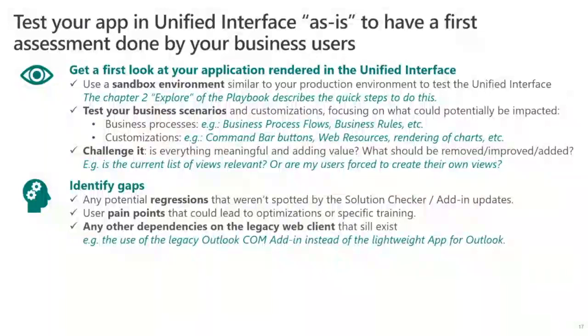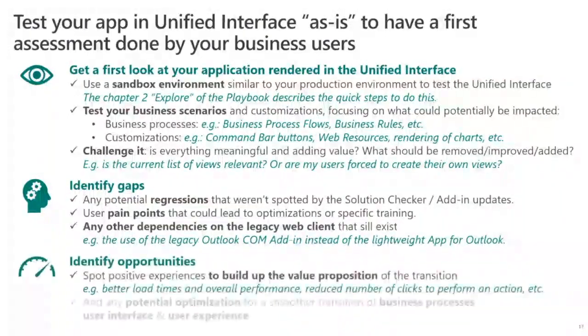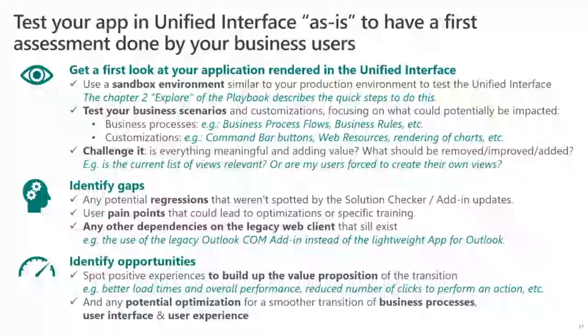For example, if you're using the old Outlook add-in instead of the Light web app for Outlook, now is a good time to consider moving away from this and to the new Dynamics 365 app for Outlook, which is already leveraging the unified interface. And so it's a good time to identify opportunities.